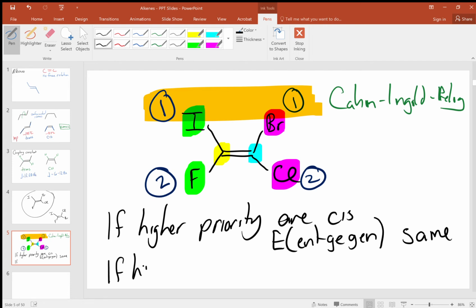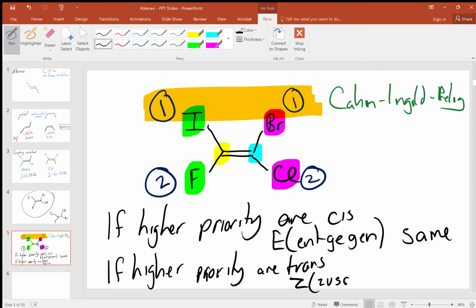If the higher priority were trans, then we use E, which comes from the German word for opposite. So in the case of the alkene we've drawn here, the higher priority substituents are on the same side. They're cis to each other, so this would be the Z isomer.